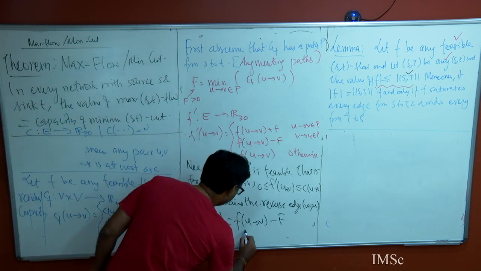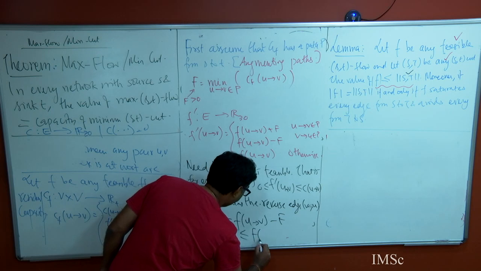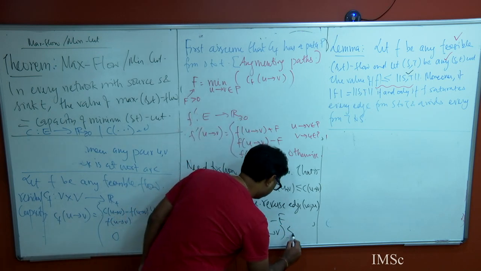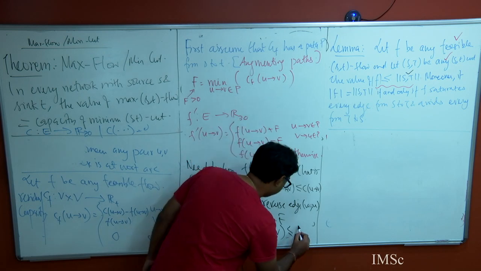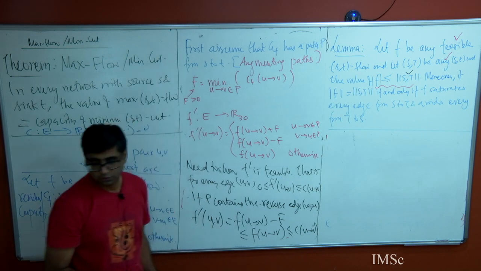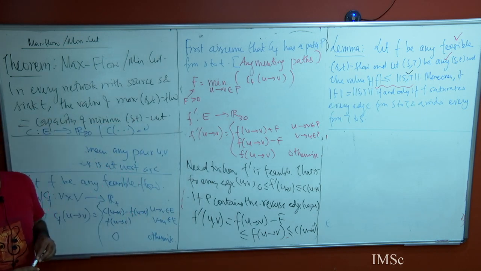This is definitely less than or equal to F of UV, because F is a positive quantity, and which is, because it is feasible, less than the capacity of U comma V, right? So now we need to show that this is greater than or equal to 0.